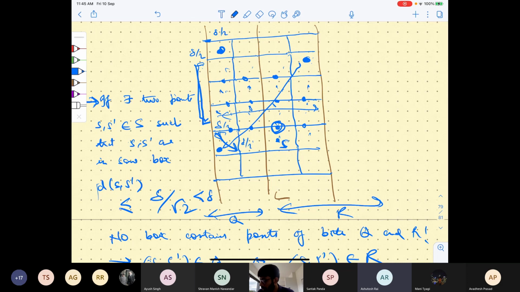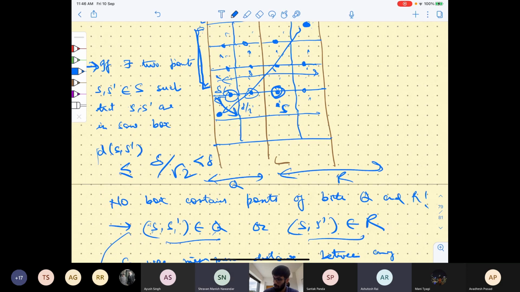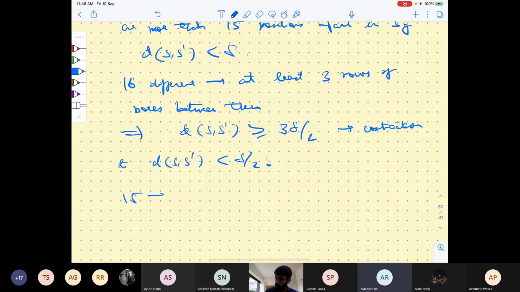The distance would become greater than or equal to delta, but we want strictly greater than. If the y coordinates are not the same, the first one's y coordinate will be slightly lower, so there is nothing here. Yes, you can optimize it, but even this 15 is not very optimized.